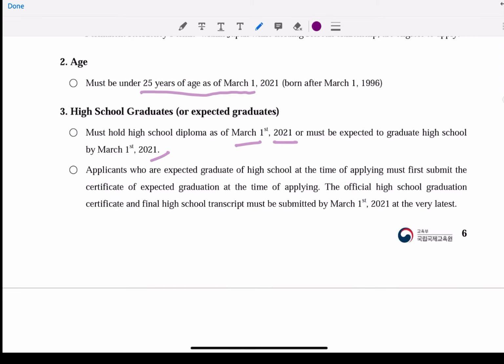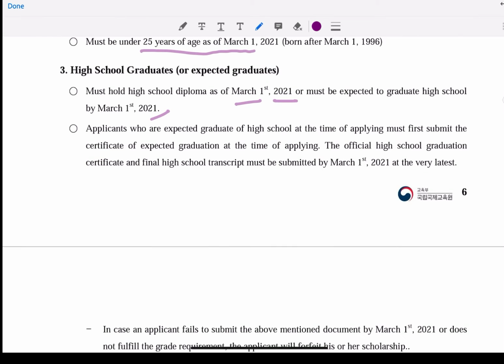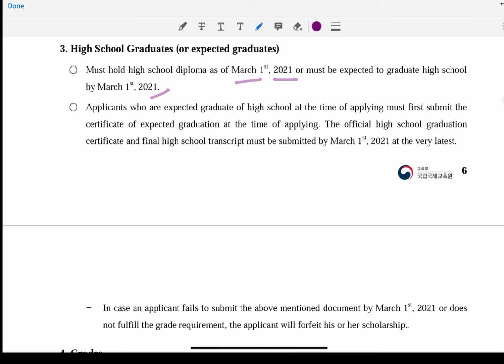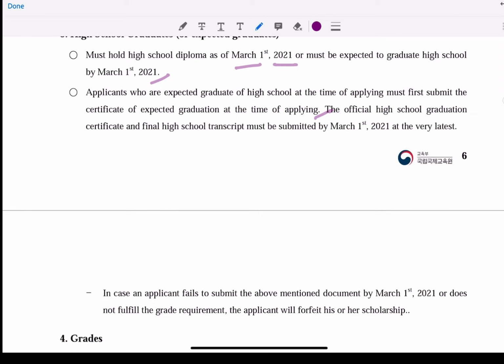And the applicant who is expected to graduate high school at the time of applying must submit the certificate of expected graduation at the time of applying. Though it is said the date must be March 1st 2021. If the date will be after that, you cannot apply. So it's clearly written, and the official high school graduation certificate and final high school transcript must be submitted by March 1st 2022 at the very latest.